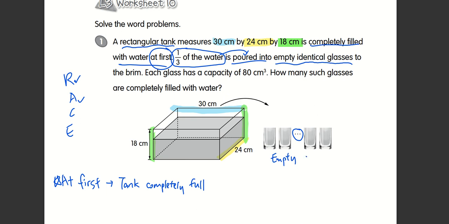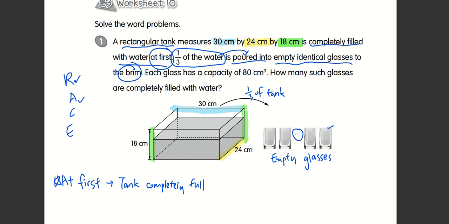Empty identical, that means they are the same glasses, and this amount of water that was poured is 1/3 of the tank that was completely full. And each glass has a capacity of 80 cubic centimeters. It was completely poured to its brim.